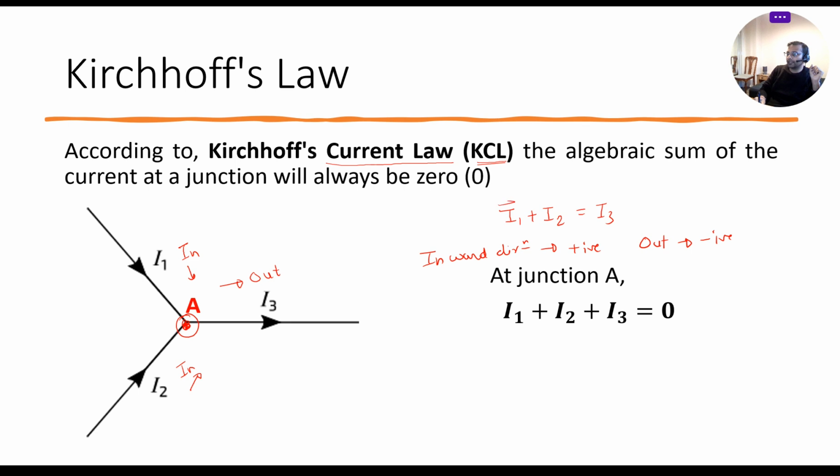So I1 and I2, they are flowing in and I3 is flowing out. So that way, you can say I1 plus I2 plus I3 will be 0, right?